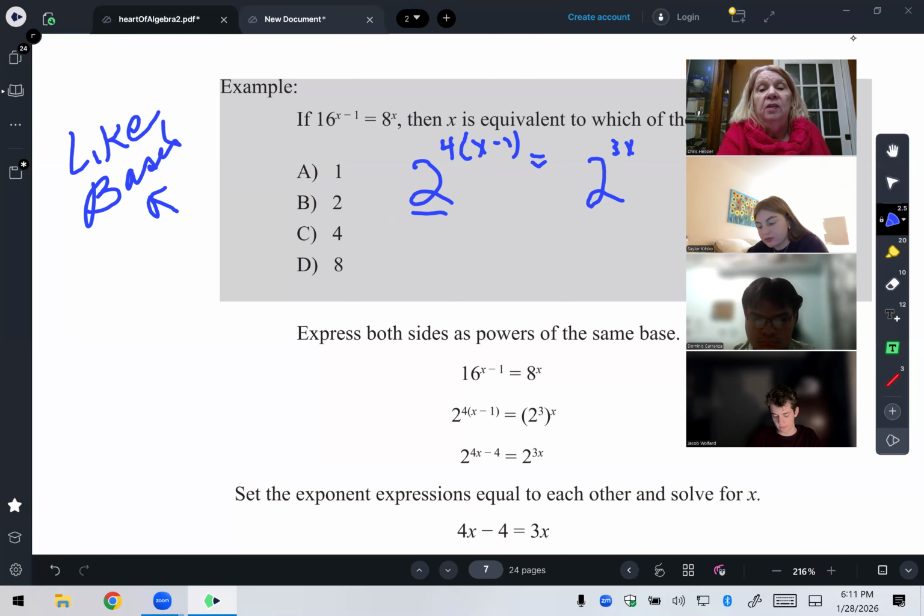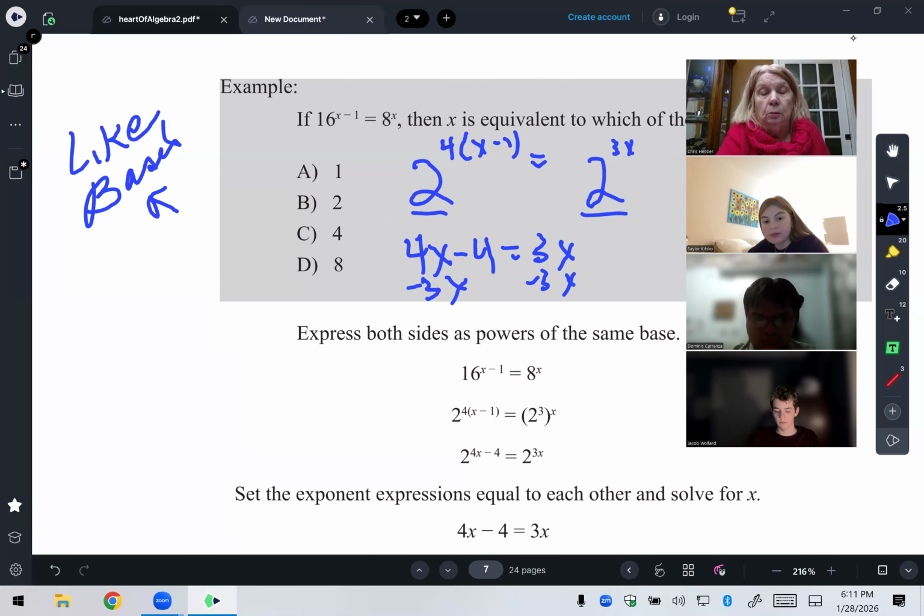So now I have the same bases, so I can set the exponents equal to each other, distributing the 4, subtract 3x, x minus 4 is 0, so x is 4. We did it for you here.